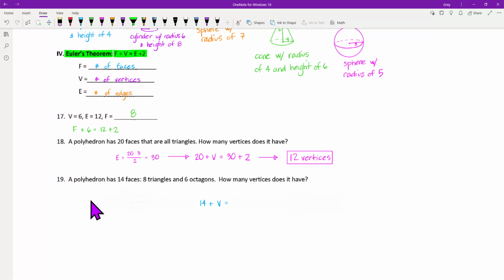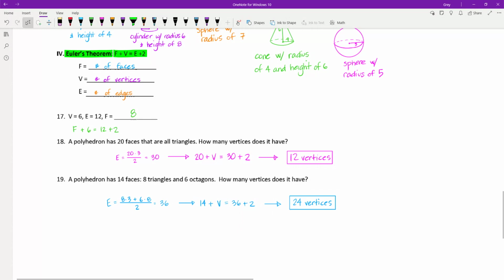So let's come back over here to my edges, and I have 8 triangles, so that's going to be 8 times 3, plus 6 octagons is going to be 6 times 8, and remember they share a side together, so I've got to divide that by 2. That's going to give me 36, so I plug 36 into my formula, plus 2. 36 plus 2 is 38, and 38 minus 14 is 24, so we have 24 vertices.